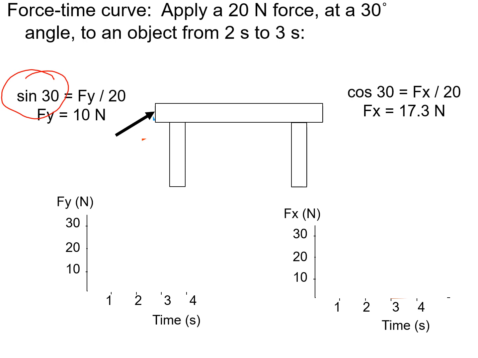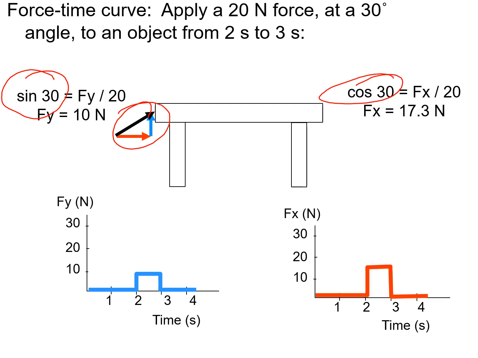For our F of x, our horizontal component, we use cosine, so that would give us 17.3 newtons. We drew some vectors in our free body diagram. So the table will be moved upwards with a force of 10 newtons, and it'll be moved forward with an impulse of roughly 17.3 newtons.